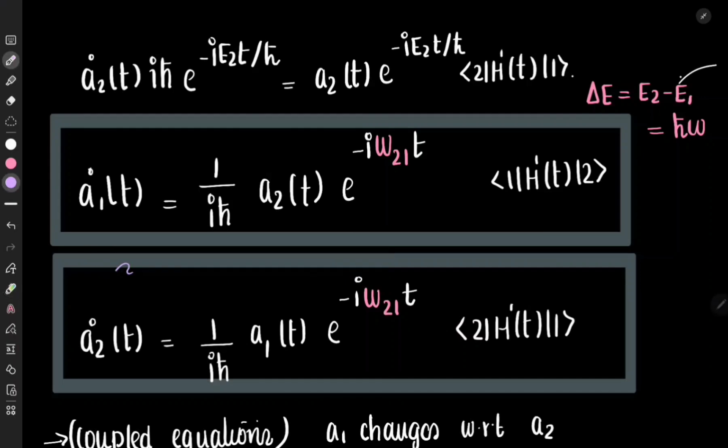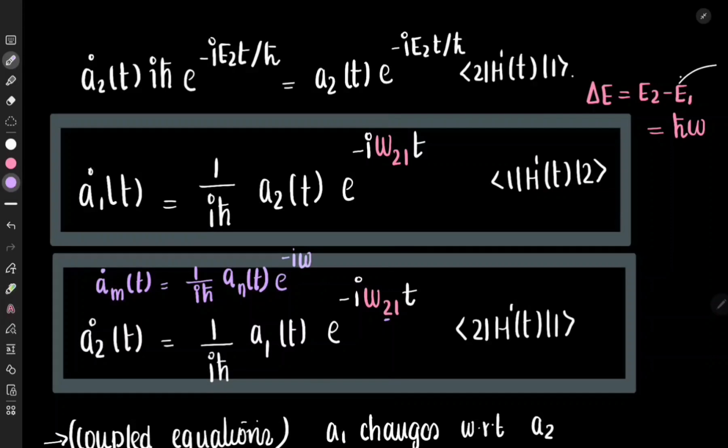this as a dot m of t is equal to 1 by iħ, summation over n of a_n of t e raised to i omega.